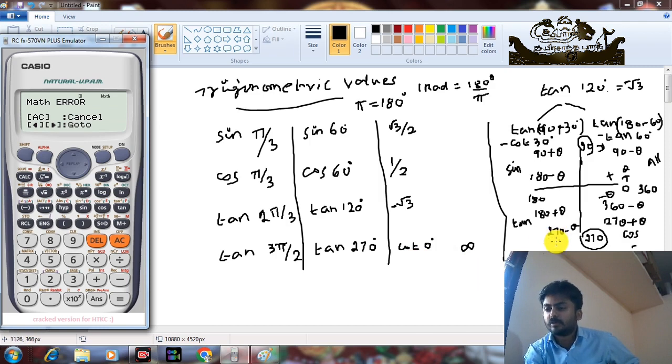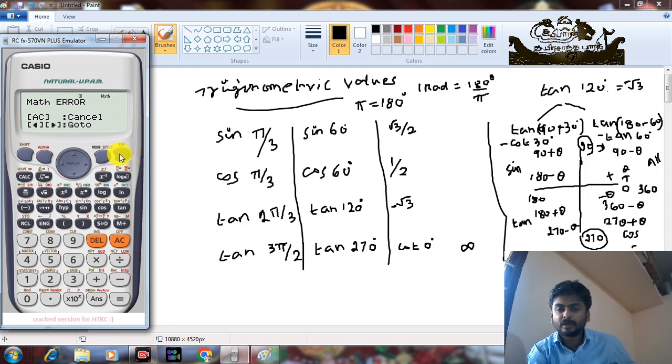But we always have to give first preference to minus theta, that is x minus theta. Suppose I have tan 320, then I have to go for tan 270 plus theta. If I have tan 190 or tan 250, I have to go for tan 270 minus theta. Accordingly we have to find the values.